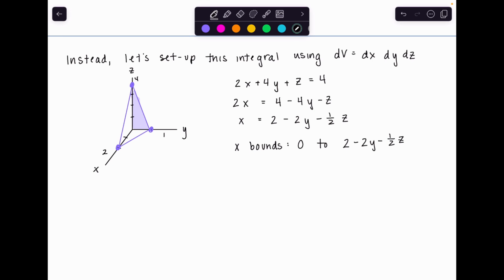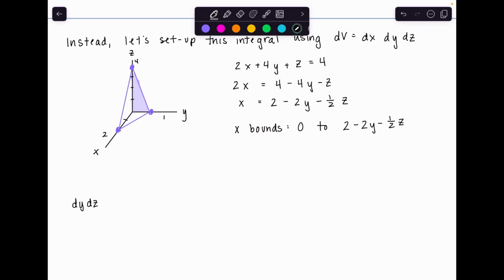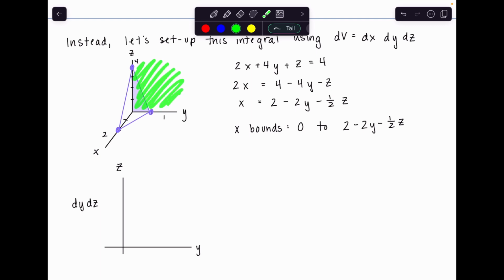Now I want to figure out what's happening in the YZ plane. And the order I want to do is dy dz. So z is the last bound. It doesn't matter which one you put where, but I'm going to go ahead and put it like this because yz is already in that flat surface back.